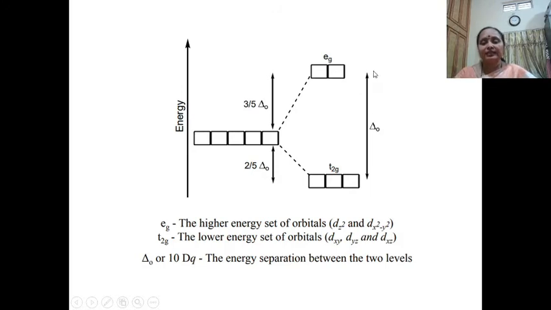This difference in energy in an octahedral symmetry is represented as delta O. This stands for the splitting energy in an octahedral field, and that is usually equal to 10 Dq, which represents 10 times the differential quantum.